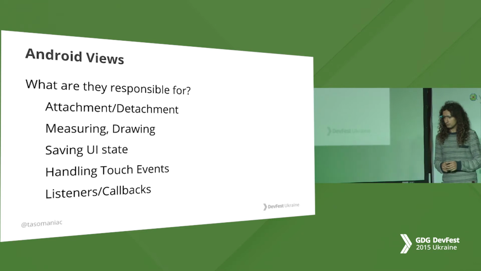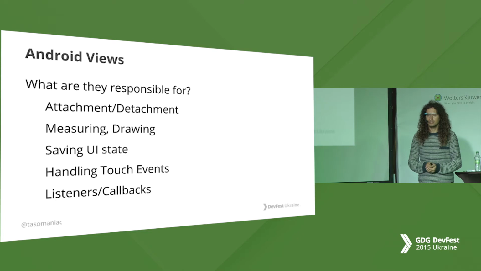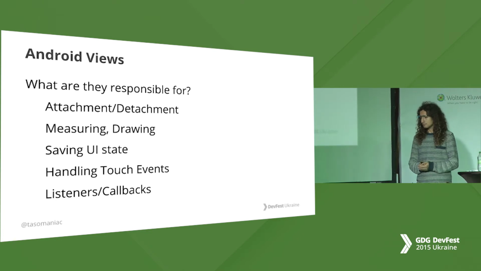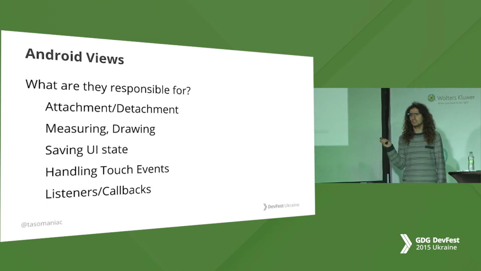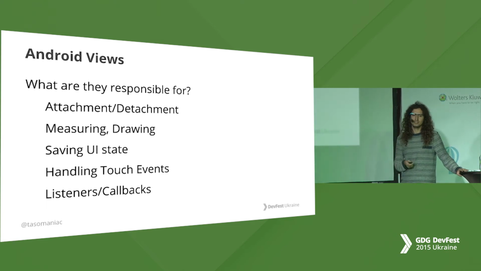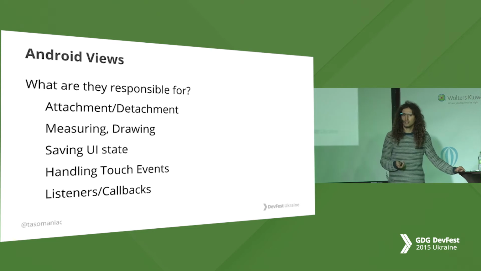Let's talk about what Android views are responsible for, and let's see how we can customize them. They are responsible for attaching and detaching to the activities, and they, of course, measure themselves. View groups also measure their children. They, of course, draw to the screen. They also save their state.